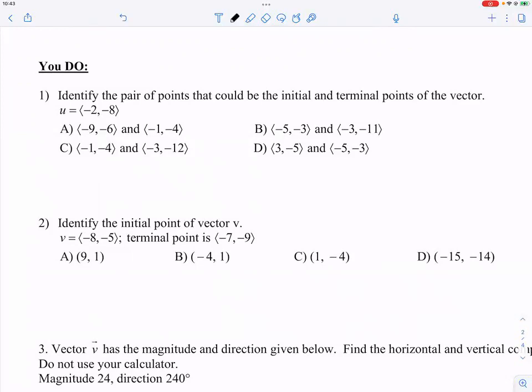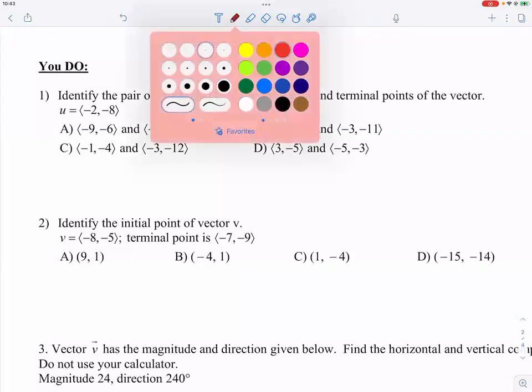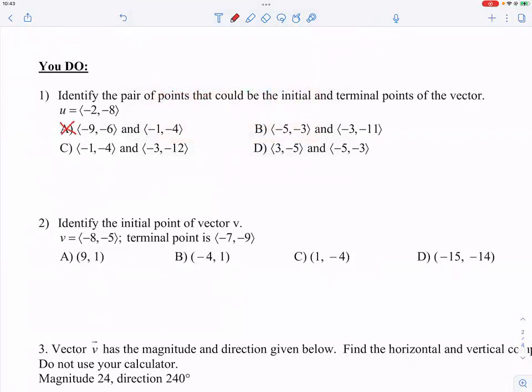I would say that choice A is out because the distance between these 2 points is not 2. Between -1 and -9, it's moving 8 units, but we want to move left 2 units only.